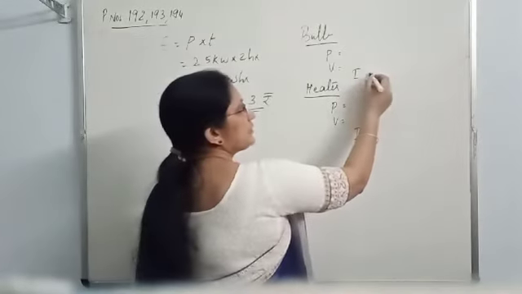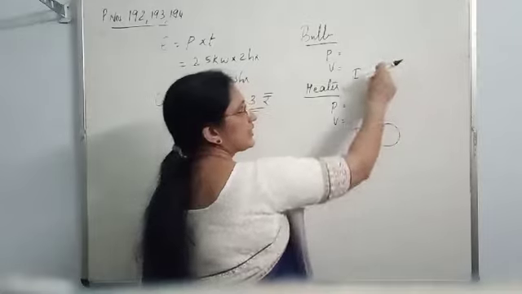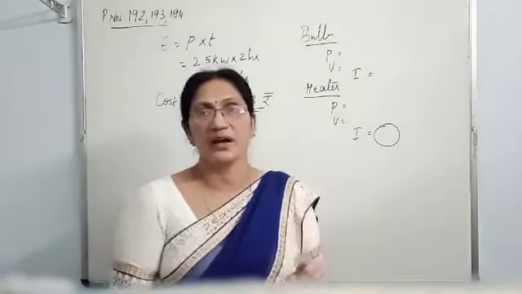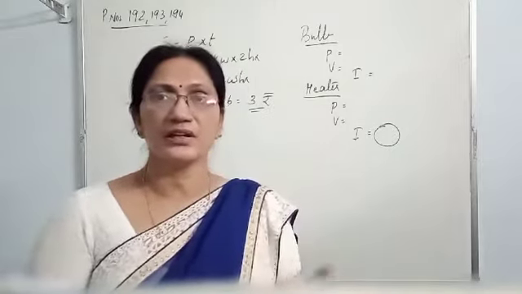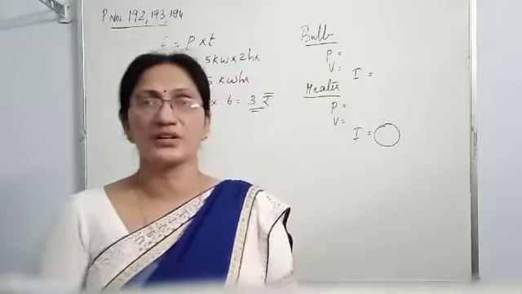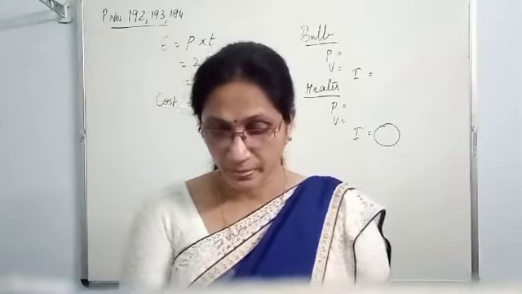And here, when you calculate I, you will see the I value here is higher than the I value of the bulb. Where I value, current value is high, there thicker wire is used. So here, for the heater connection, you have to use thicker wire. That is question number 5.